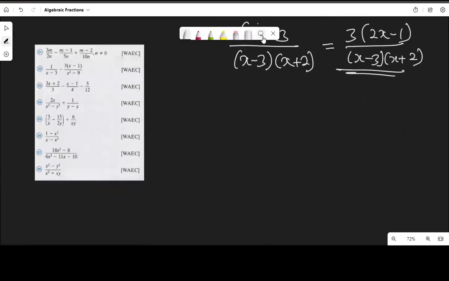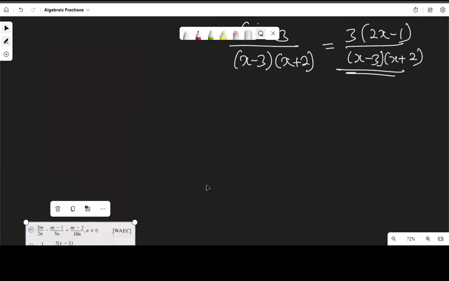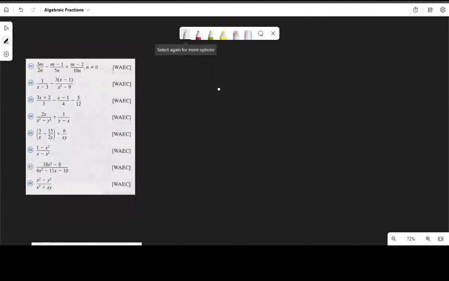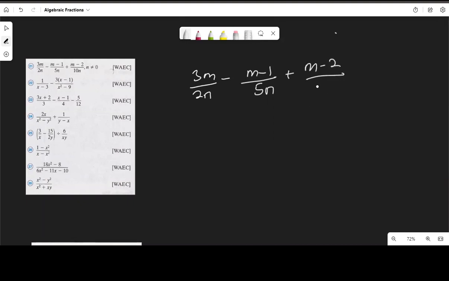And we have some WAEC question here. The first one says 3m over 2n minus m minus 1 over 5n plus m minus 2 over 10n, given that n is not equal to 0.